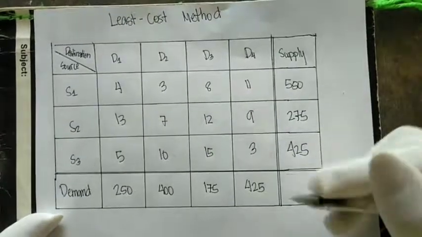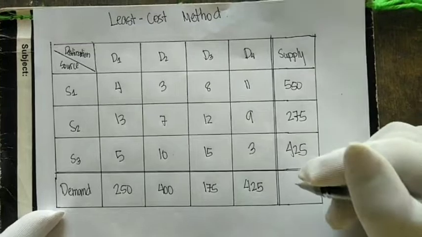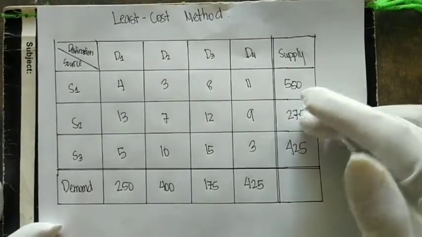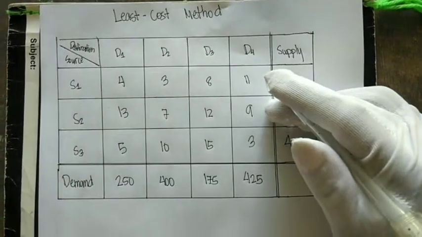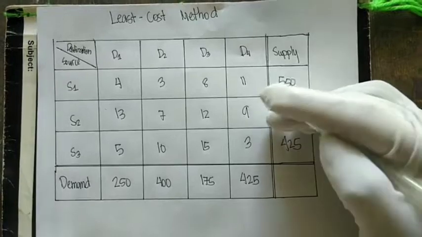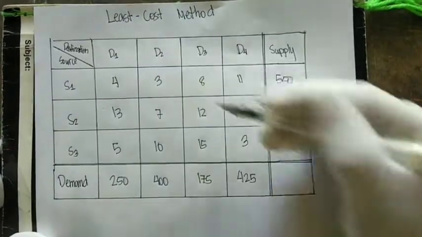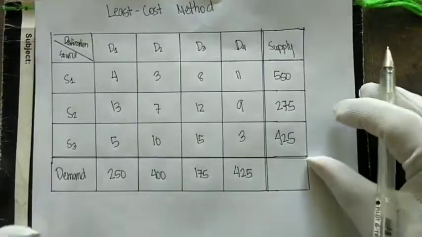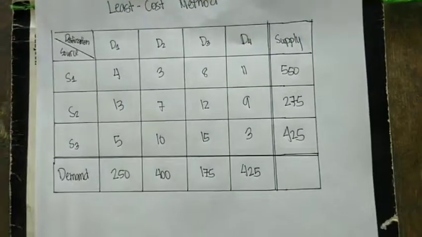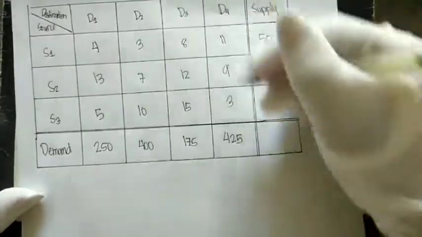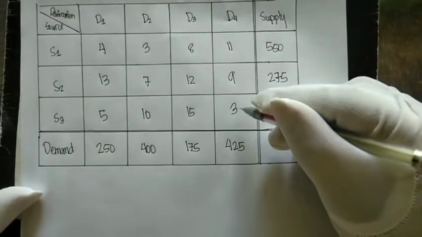Now the least cost method. Our first step will be to find the lesser value of the cells. As you can see, the lesser value is 3, in D4 and another 3.